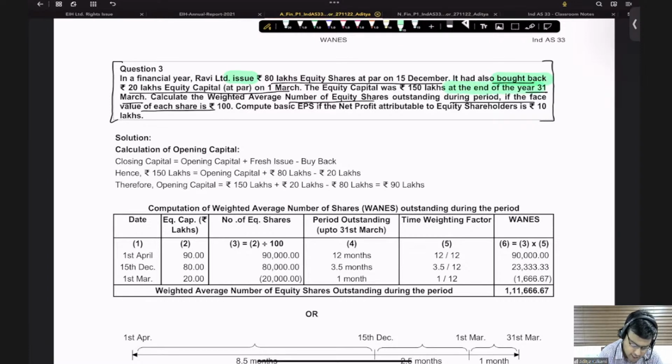So can I get the opening capital? Closing capital is opening plus fresh issue minus buyback. If you plug in the figures, your opening capital is going to be rupees 90 lakhs.